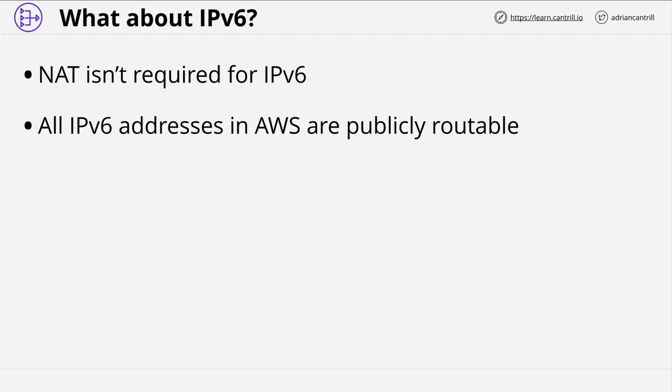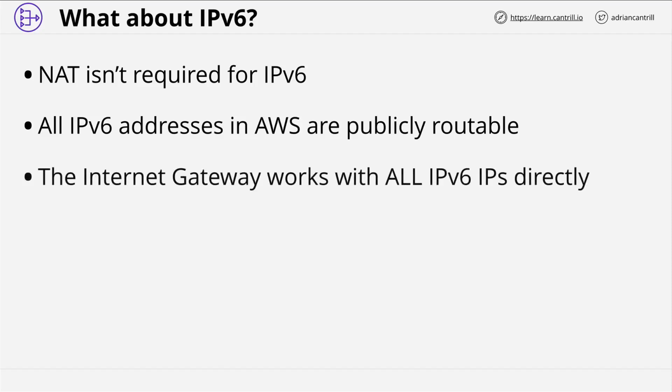So this means that you do not require NAT when using IP version 6. The Internet Gateway works directly with IP version 6 addresses. So if you choose to make an instance in a private subnet, have a default IP version 6 route to the Internet Gateway, it will become a public instance.